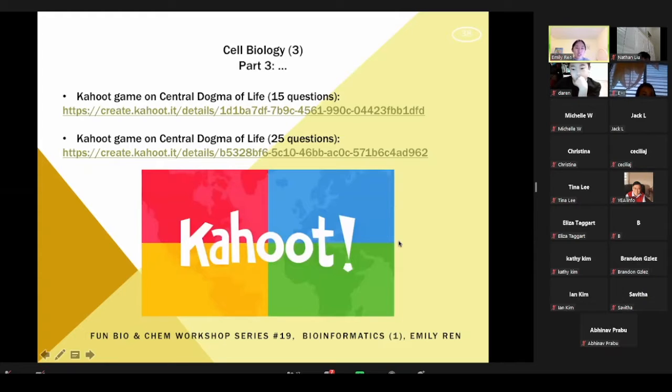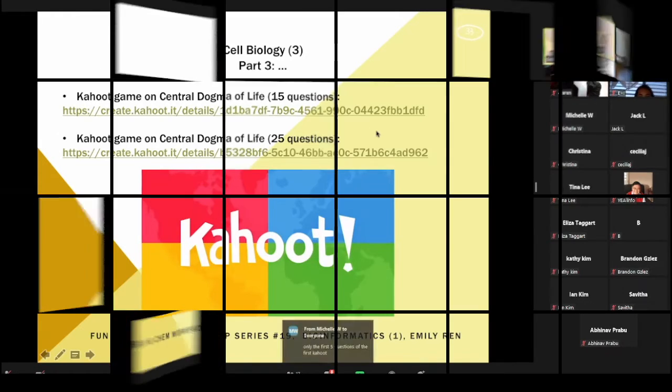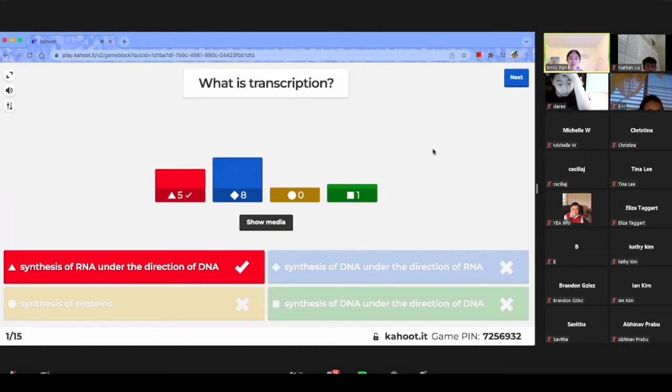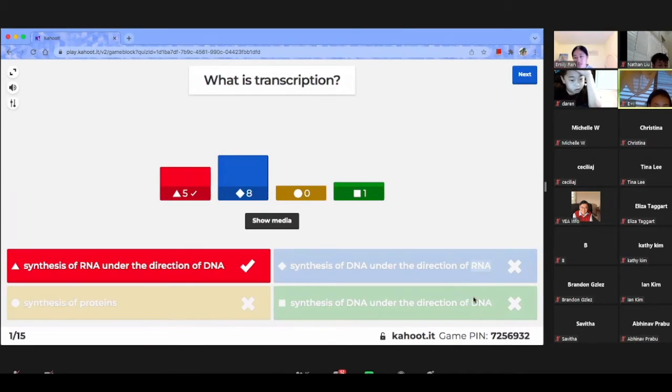Okay, so here's our first cohort. What is transcription? Why are blue and green the exact same? This one says RNA, this one says DNA. Oh, okay. So transcription is DNA being made into RNA. This one would be DNA replication.